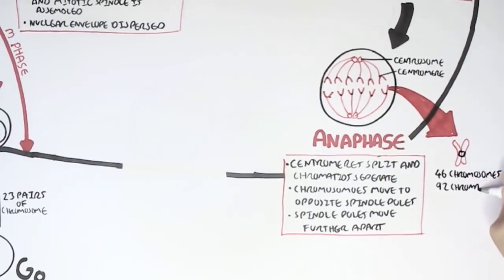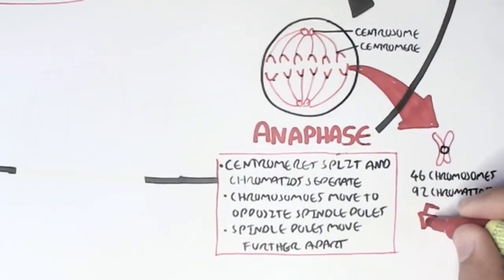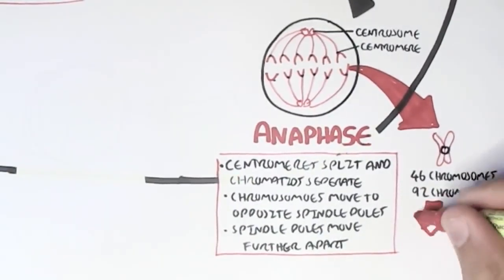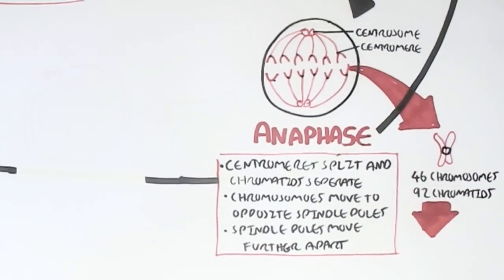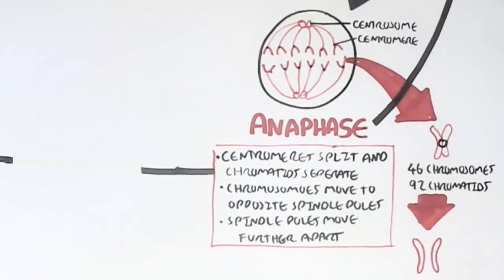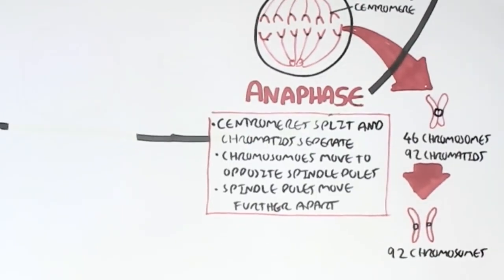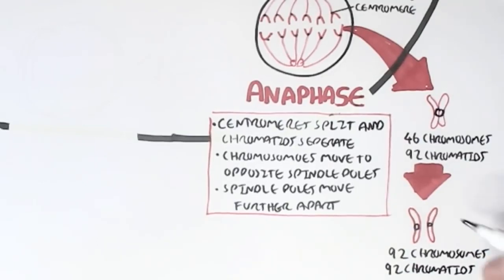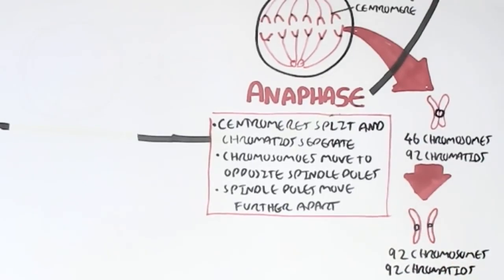During anaphase, the microtubules with the centrosomes split this apart, forming 2 chromosomes, each with 1 chromatid. Therefore, in total, we would see 92 chromosomes and 92 chromatids in this cell. I hope this makes sense.